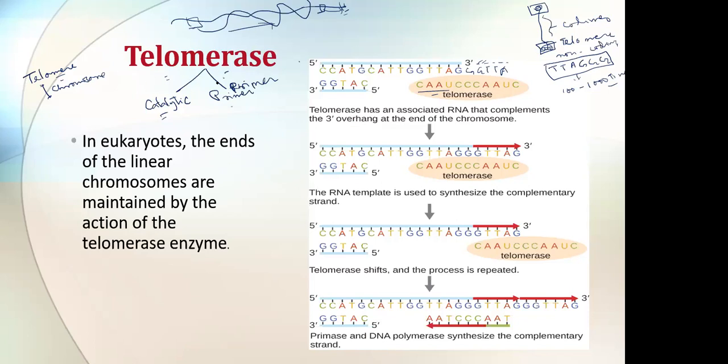But the telomerase enzyme, which is going to rebuild, adult people do not have it. So that's the reason we are constantly going to lose that end portion of the chromosome, and that's how we are getting old. That's the reason behind our age.